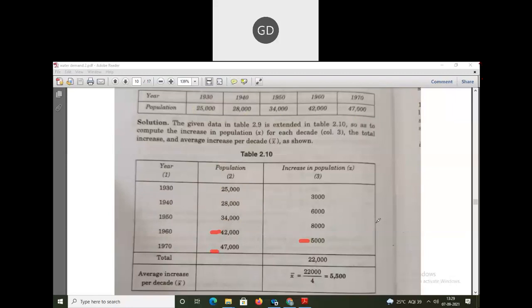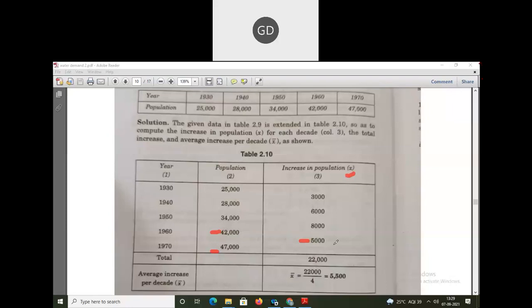I hope I am clear to you up to here. So we have found out the x now: 28,000 minus 25,000 is 3,000, 34 minus 28 is 6,000, 42 minus 34 is 8,000, and 47 minus 42 is 5,000.